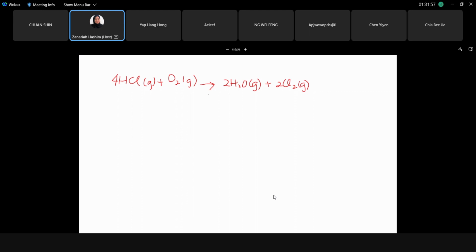Then you are given in the question equimolar of HCl and air. So in this case I use my basis as 4 moles of HCl.